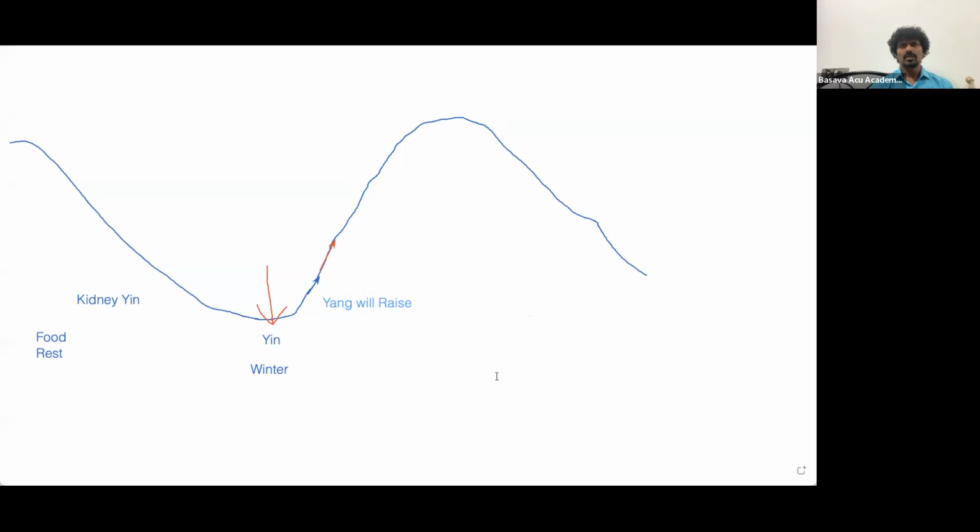So if you have a deep rest, a deep sleep tonight, tomorrow the deep yin will create the yang. The morning is fresh, active, energetic. Similarly, deep rest every week, every month, every year is required.